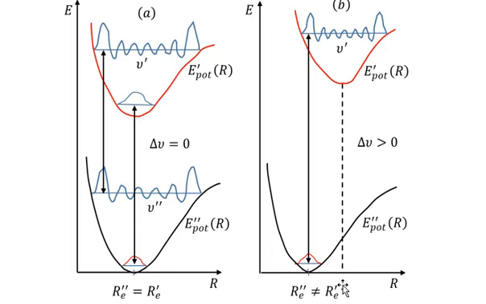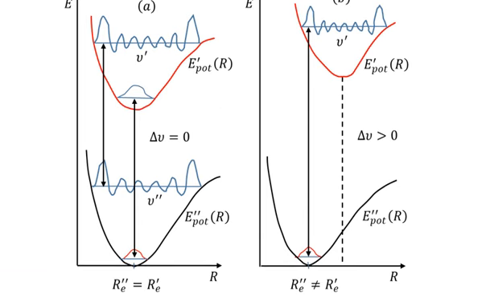Now I am considering the transition from the value where the nuclear separation was Re double prime to the upper electronic state, which has an equilibrium separation equal to Re single prime. And the transition is shown between different vibrational levels, V single prime and the lower level V double prime. So these are two different levels, and for this one the transition follows delta V greater than 0. So this is delta V equal to 0, and this is delta V greater than 0.